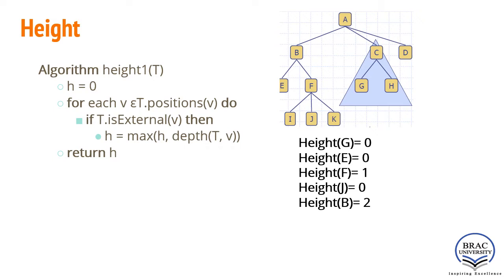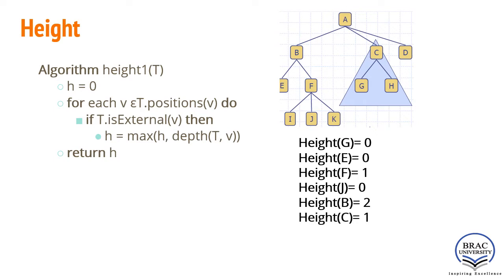Because height is 1 plus the maximum of the child's height. So height of F is 1, height of E is 0. So what will be the height of B? The maximum of E and F is the value for F. So height of B is 1 plus F's height, that is 1. So 1 plus 1 is 2.